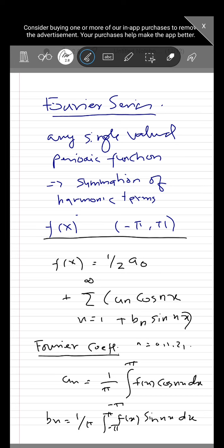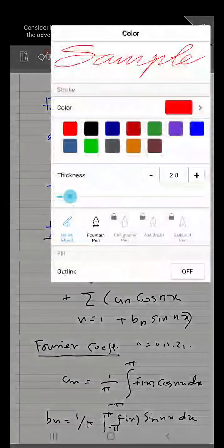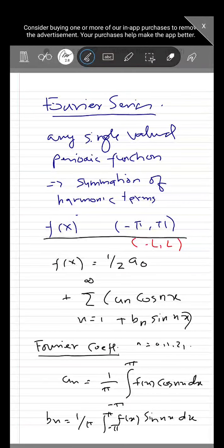It can also be the case that instead of minus pi and pi, you have minus L and L. Then the Fourier series will be written in a different manner. It will be the same thing, but the representation will be a little different.